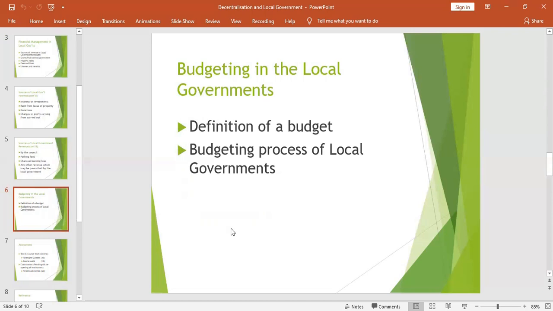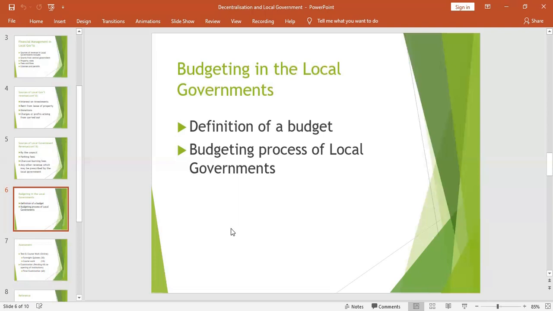Section 83 and Regulation 42 of the Financial and Accounting Regulations 2006 outline the grants received by the local governments from the central government. These grants are got from the consolidated fund. And as I've said, they are categorized as conditional, unconditional, and equalization grant.